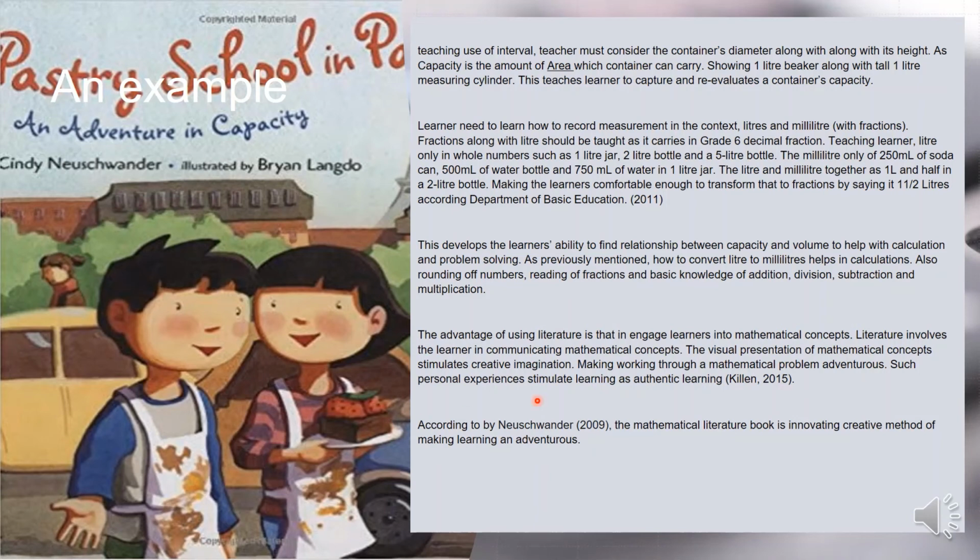So it was a very innovative literature book to use to teach capacity and measurement.